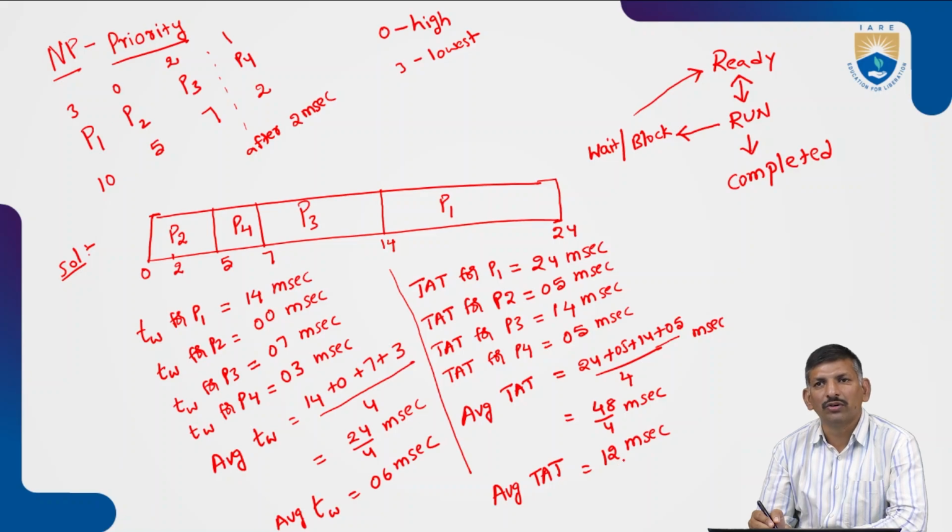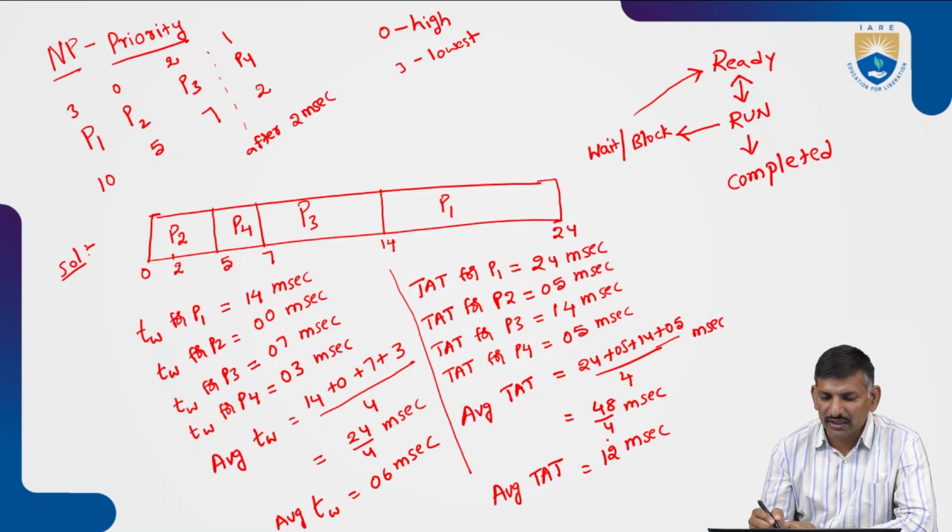So the average turnaround time for this requirement in this scheduling algorithm is 12 milliseconds.